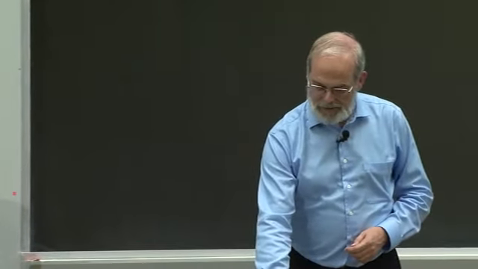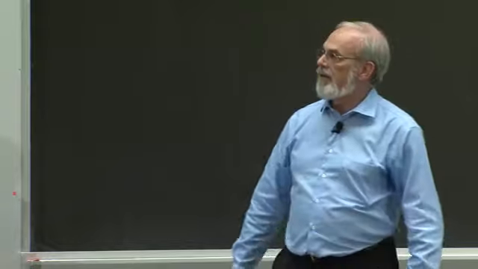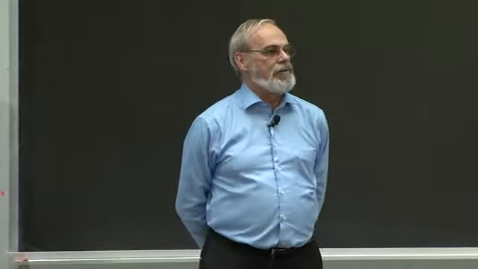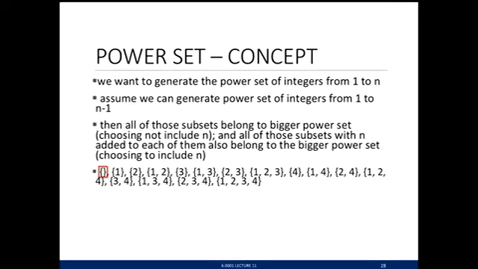That may sound like a lot of gobbledygook. Let me show you the example. There is the power set of the empty set. It's just the empty set. To get the power set of 1, I include that, and I include a version of everything there with 1 added to it. There's the power set of 1. Now, given that, how do I get the power set of 2?